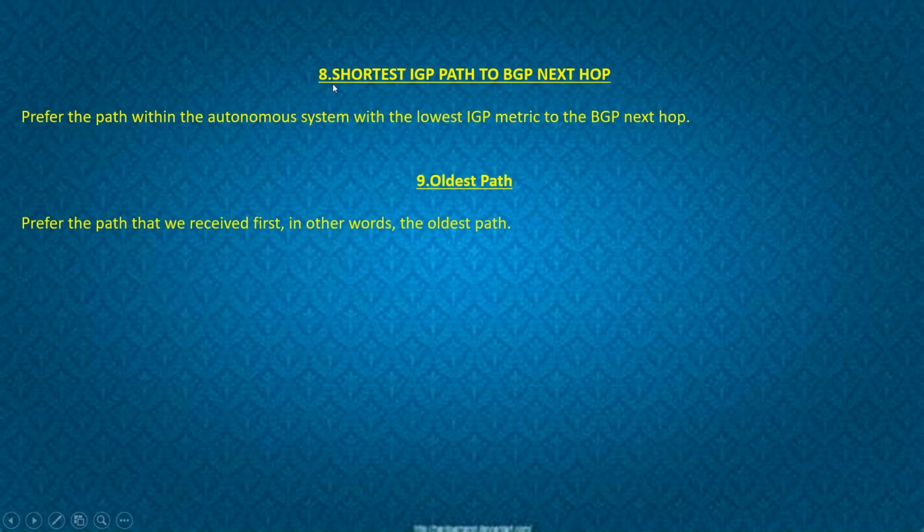The eighth attribute is the shortest IGP path to the BGP next hop, which says prefer the path within the autonomous system with the lowest IGP metric to the BGP next hop. We all know BGP is an overlay protocol which runs over the IGP protocol.